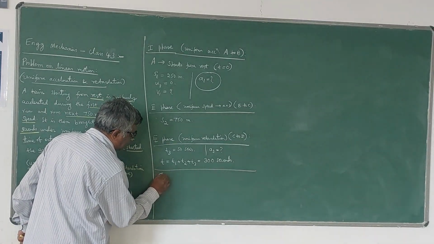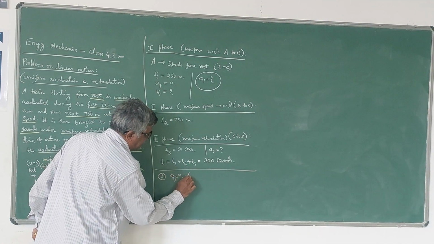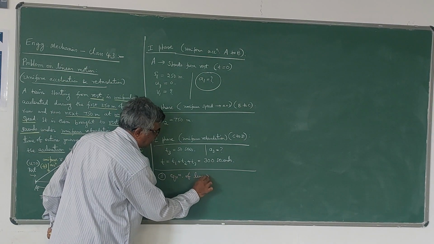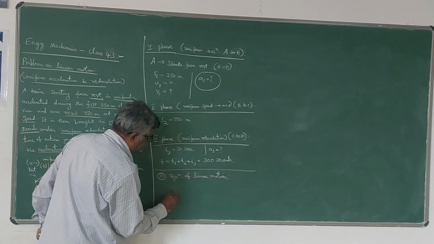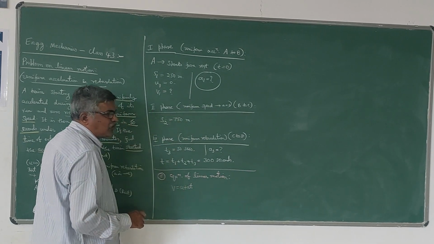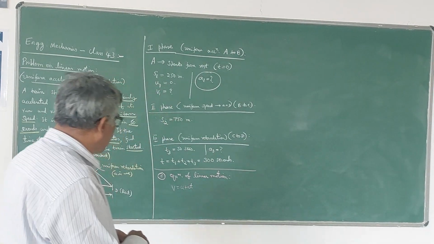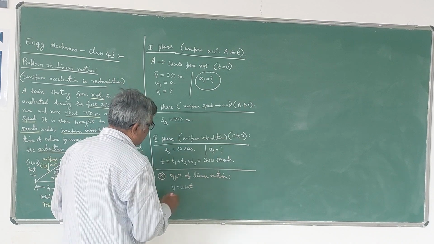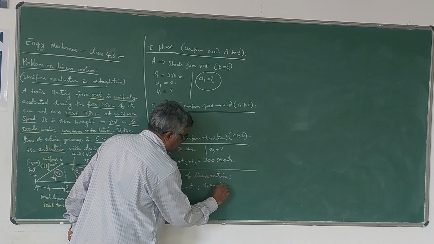The three basic equations of linear motion, which I derived in the last class. The first one is V is equal to U plus AT, or U minus AT. U plus AT we use if it is positive acceleration, and U minus AT if it is retardation. So either this or this we are going to use.